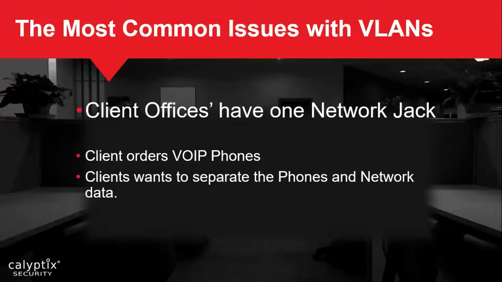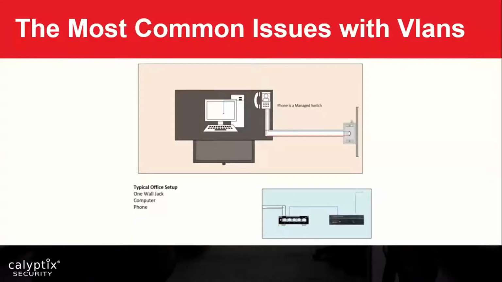The most common use of a VLAN is you're taking over a client. The client only has one jack in the wall, and they have a VoIP phone and a computer. So this is the most common network that you'll probably see nowadays because people know that you can do VLANs. They don't put 4 and 5 ports in a room. They only put one.